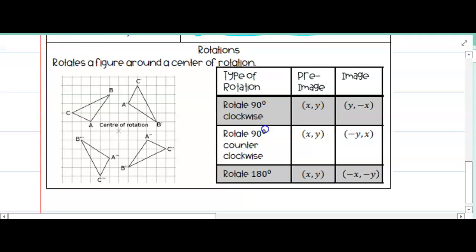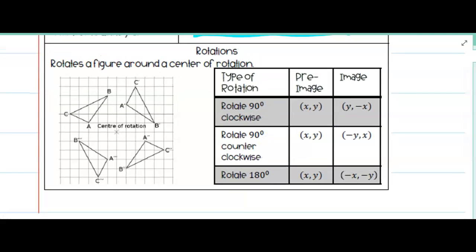Okay, the last one is going to be a rotation, which I think is easier than the reflections, but maybe seems a little more confusing. So there's actually 3 main ways that you can rotate a figure. In this example, my pre-image is going to be this triangle over here, A, B, C. If I were to add the x and y axis here, A is at the point negative 3, comma 1.